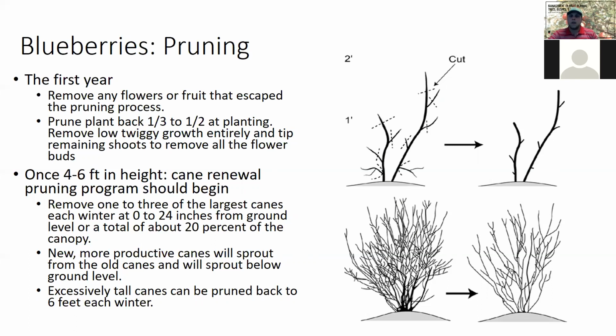Over time, you will slowly renew the entire bush. When they're more mature, you do have to start considering pruning those older canes back and allowing it to rejuvenate itself, so you can continue to have berry production over time.